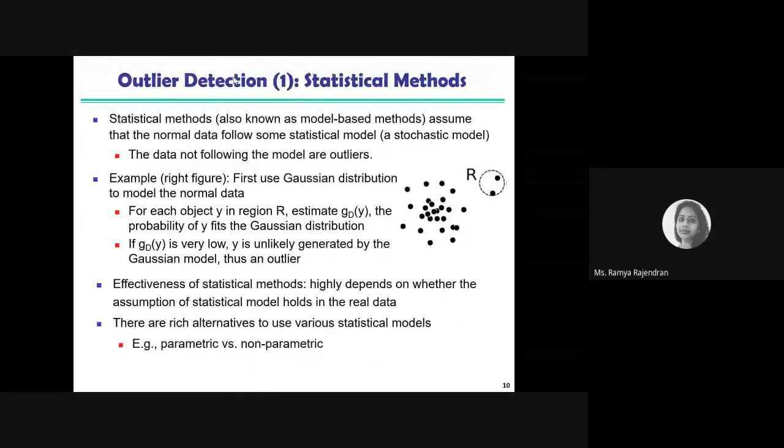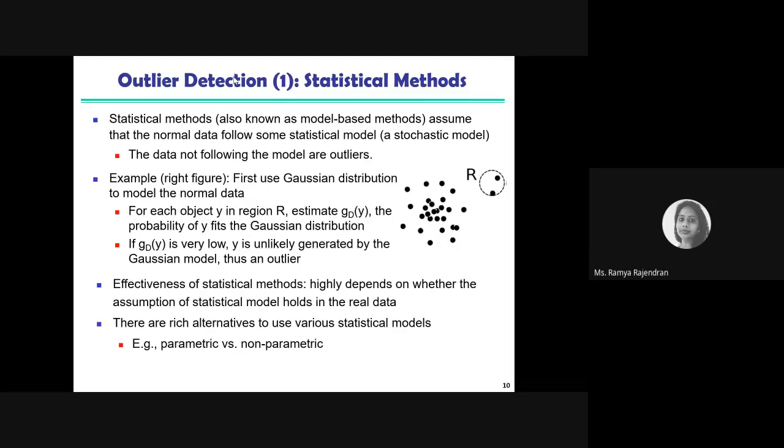The statistical methods are also known as model-based methods. They use a stochastic model, especially a Gaussian distribution, to model the normal data. The data points are expected to fit into a Gaussian distribution in a particular region, but the data objects which are not fitting it, you can call outliers.